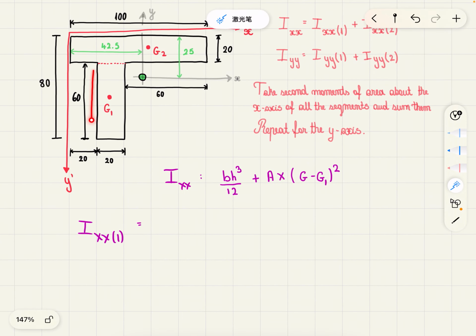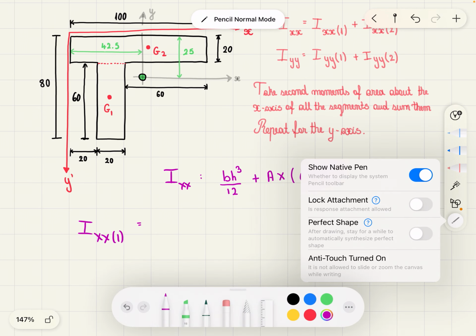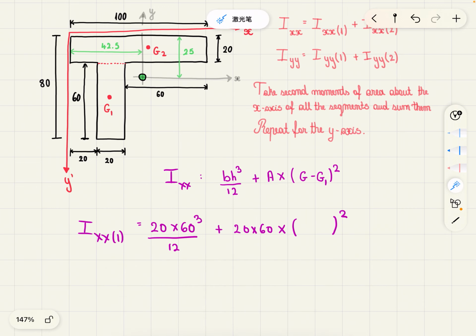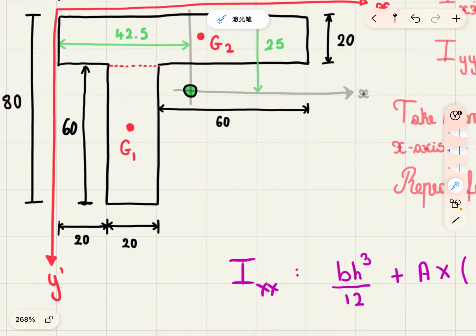So for shape 1, we know that the base is 20 millimeters times the height of 60, which is cubed, divided by 12, plus the area 20 times 60, times the distance squared between G and G1.